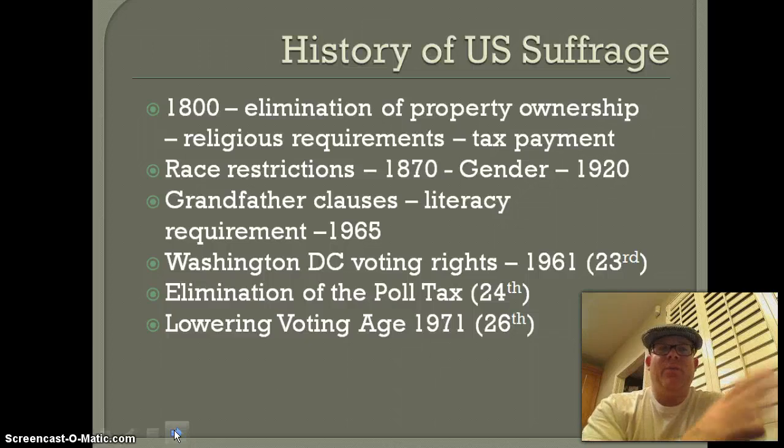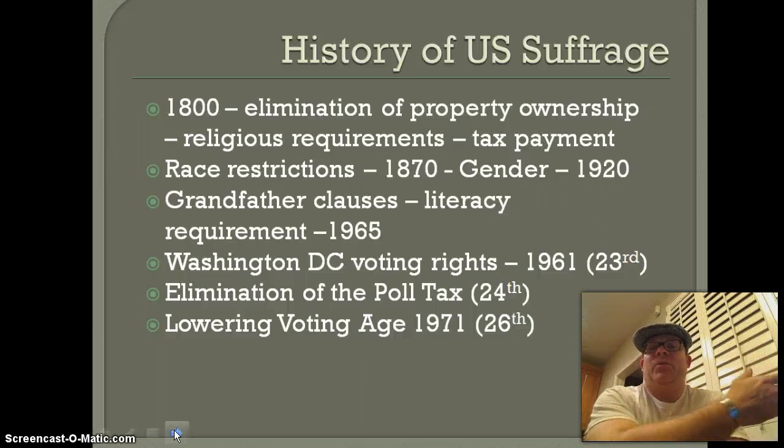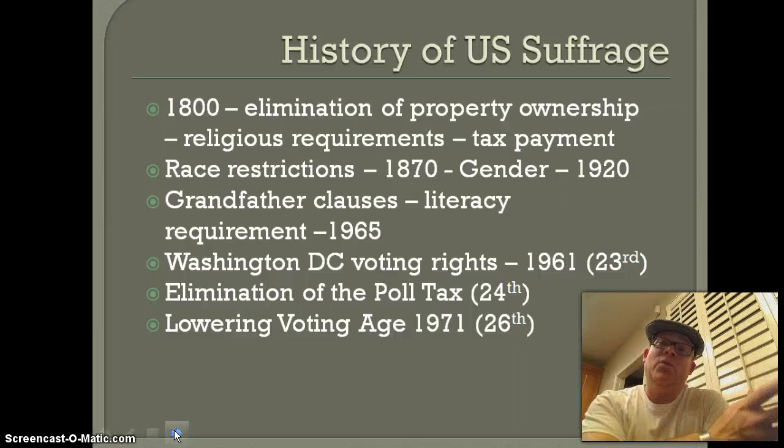So you can see here over time we've had a very long period of expanding voting rights. Going all the way back to the early 1800s, we started the process of giving suffrage, and eventually now we're at the point where we have universal suffrage here in the United States.